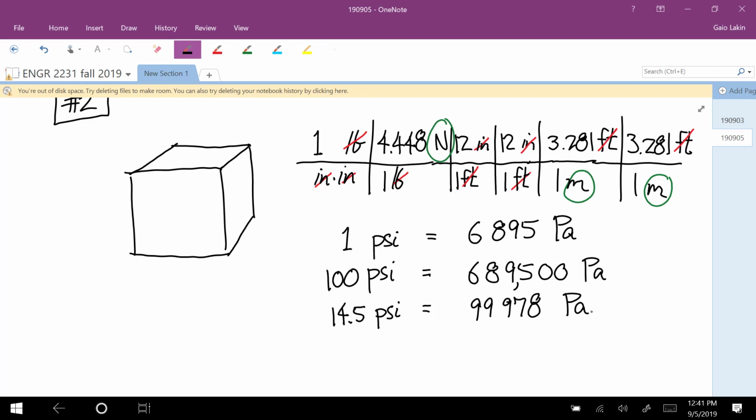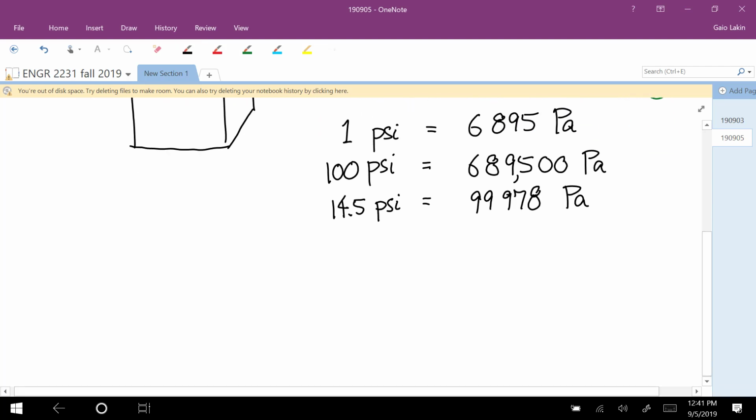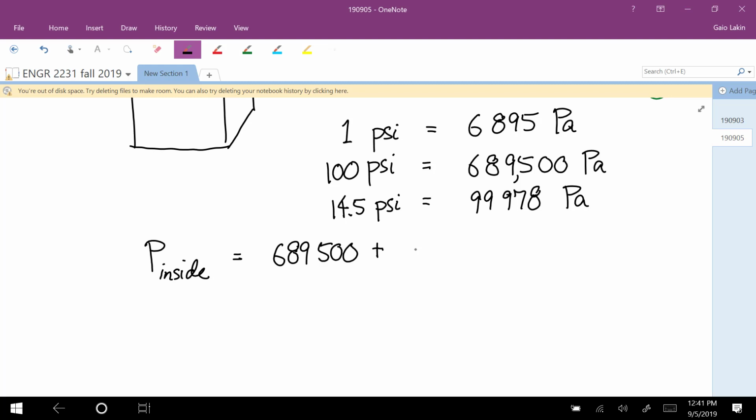Okay, so it says that on the inside of the box, the gauge pressure is 100 psi. So the pressure inside is 689,500 plus the atmospheric pressure, plus 99,978.